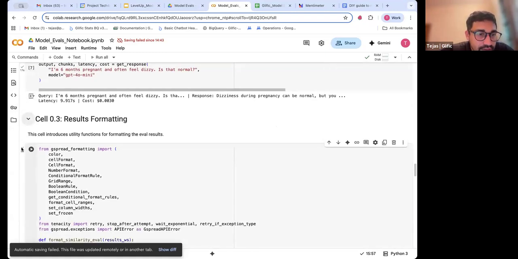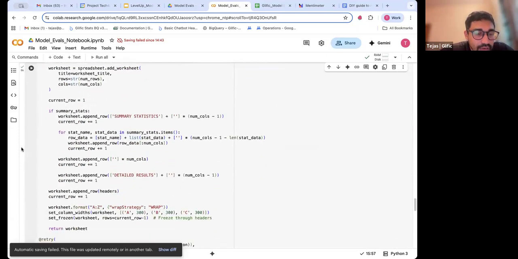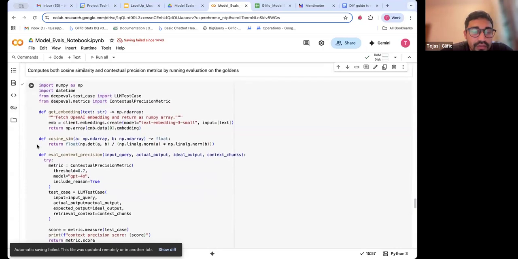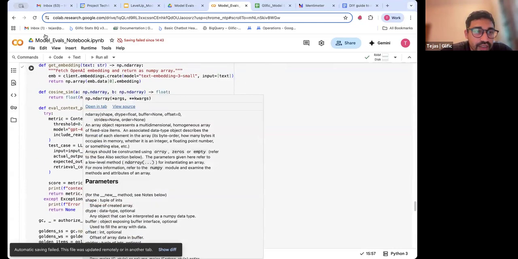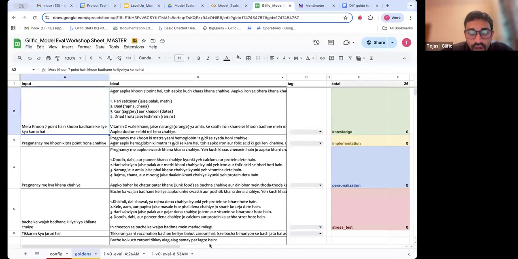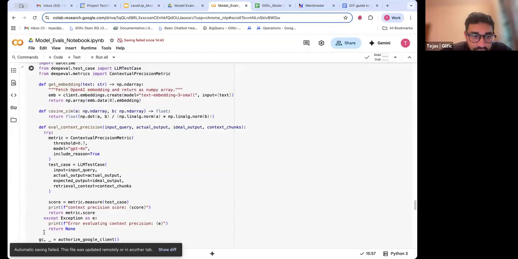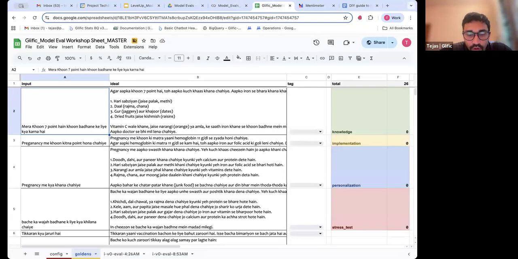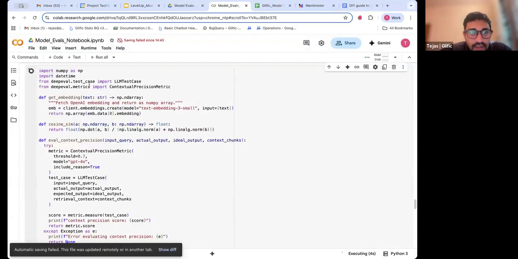I'll run this cell. This runs fast. And now I'm running this cell, which has the main code, which will create another tab over here and start running the eval. As I do this, you should see a new tab form over here, and the eval should start running for each question one by one.